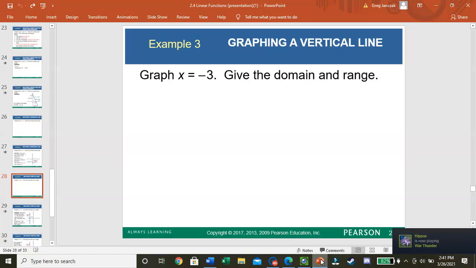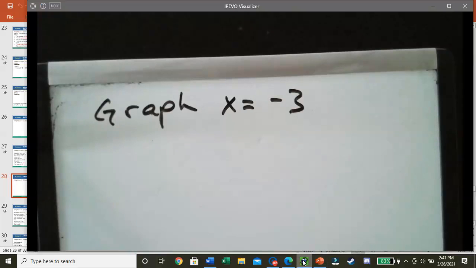All right. So now, kind of wish the slide used a different number besides the same number, but that's okay. All right. We want to graph x equal to a -3 and give domain and range again. Okay.